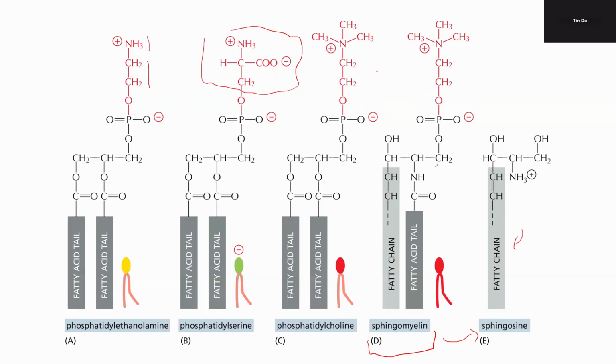We already saw phosphatidylcholine, which is very similar to phosphatidylethanolamine, except we're replacing all the hydrogens with the methyl group. And then sphingomyelin, which is again the exact same as phosphatidylcholine, with the exception of the fatty acid tail and chain.